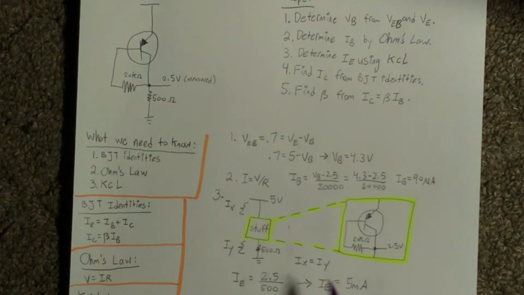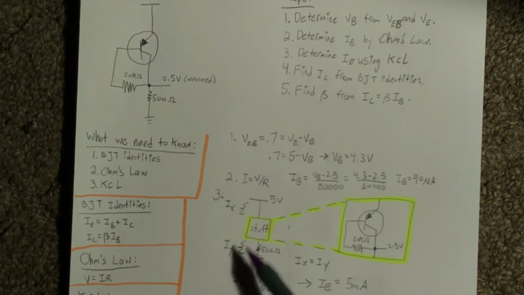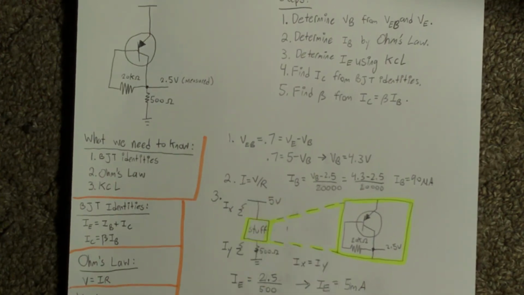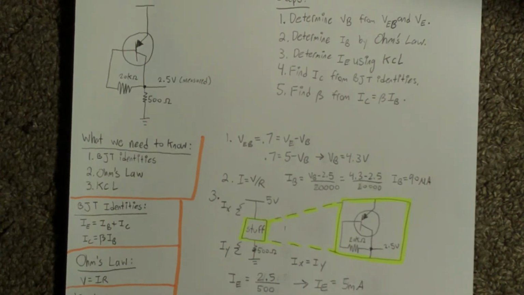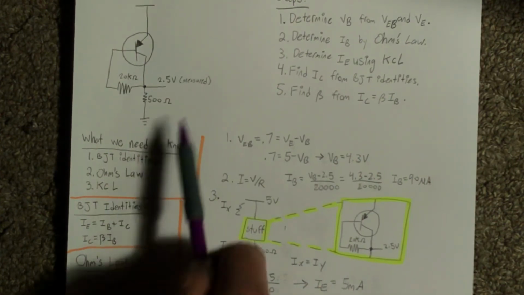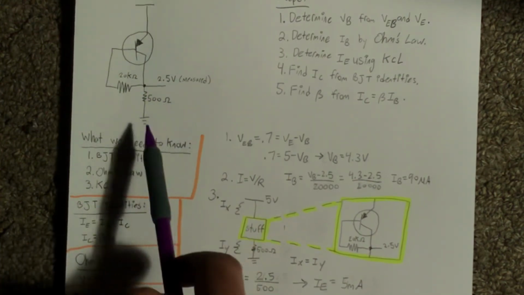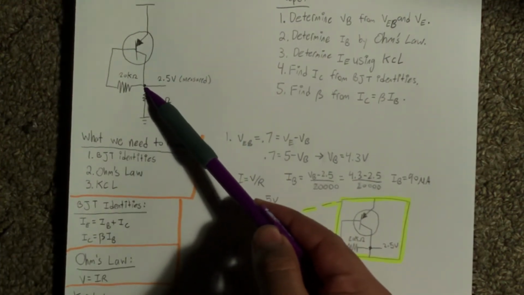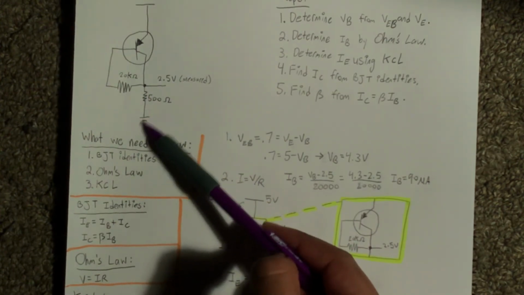So that being said, up here we know is the emitter, okay? And we can represent the current by the emitter as IE. And we can equate that to 2.5 over 500. Where do we get those numbers? We'll look up here, and you'll see that down here, at this node right here, the voltage is 2.5, and we're going over the resistor of 500 ohms down to ground.